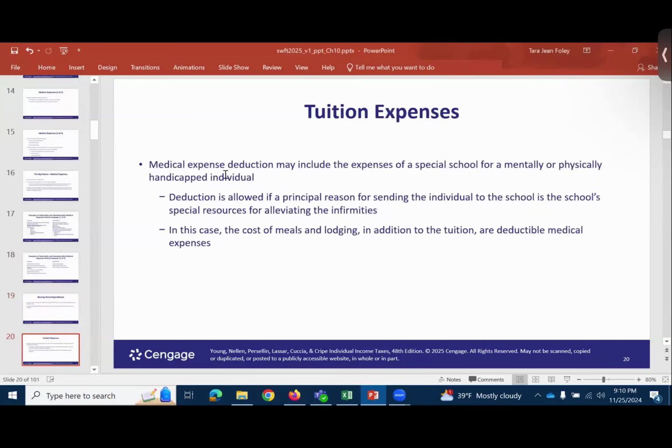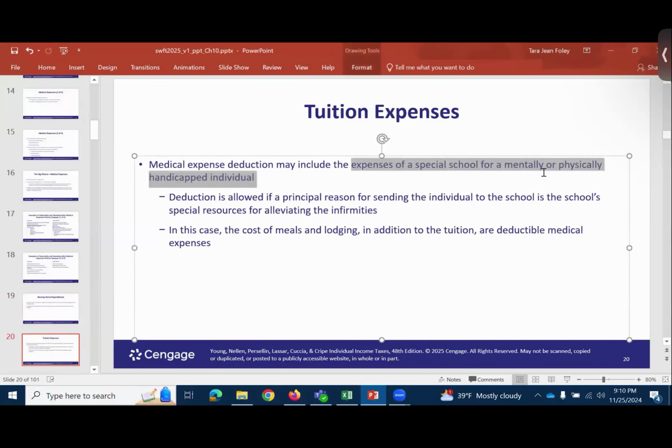Tuition. This is an example of if there's a special school for a mentally or physically handicapped individual, if they go there. For example, I had a woman I used to work with, an older woman, probably in her late 60s, early 70s. She walked with a cane because she had been injured throughout her son's life.